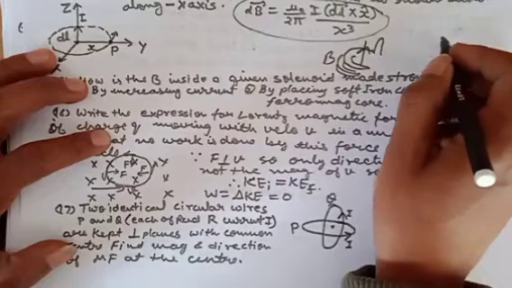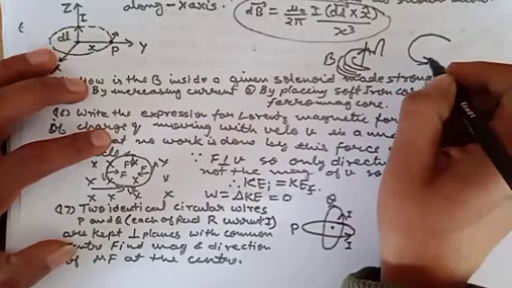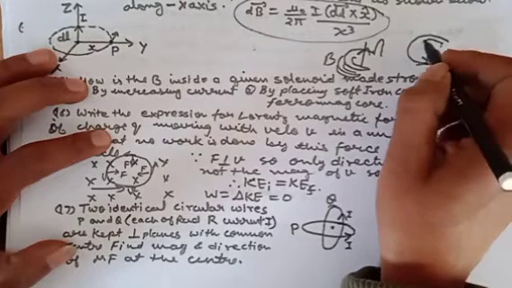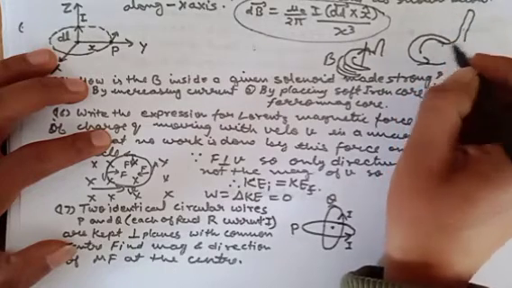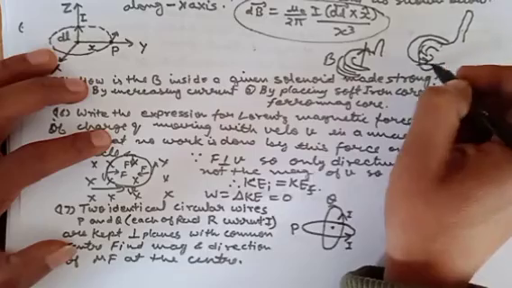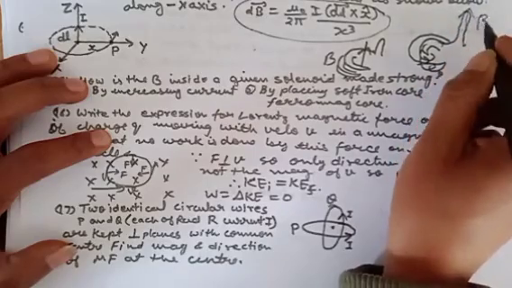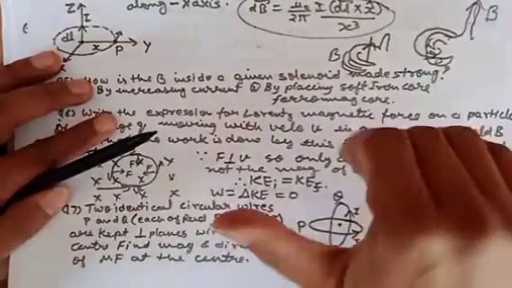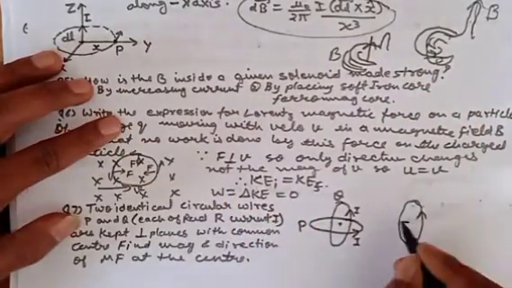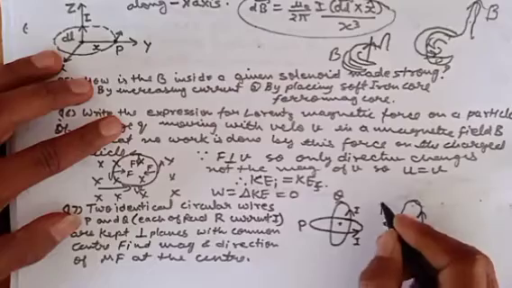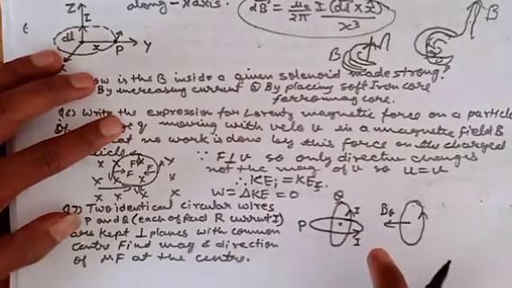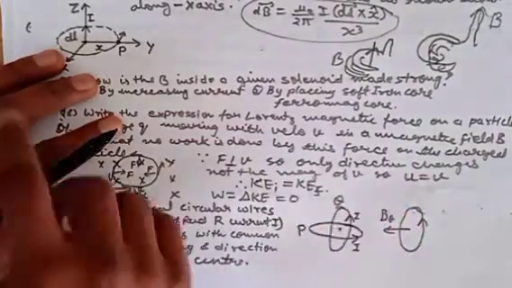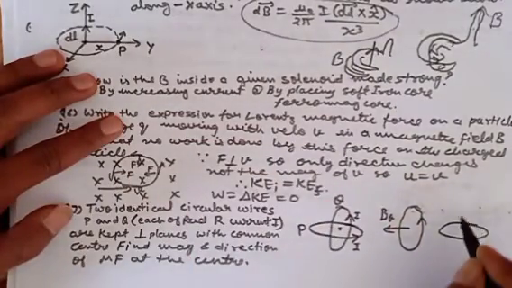And if this is the current in this way, then thumb will show the direction of magnetic field. Vice versa. So yeah, you can see here, current is going this way, so magnetic field for Q, this will be the direction. And for this, direction will be upward for P.